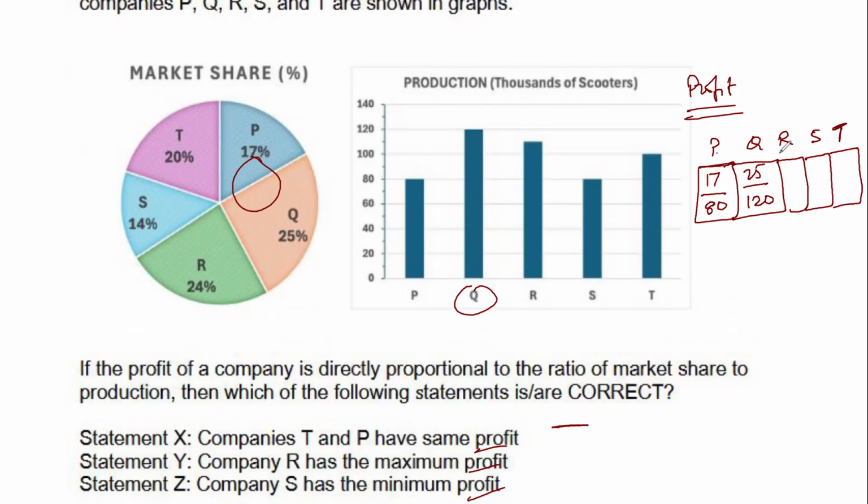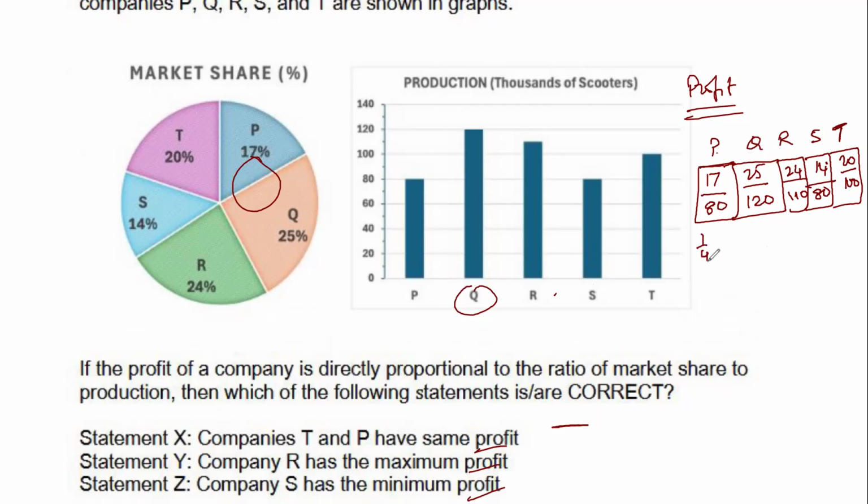Right. R is 24% upon 110,000. And then S is 14%. So I'm not writing percent upon S is 80,000. And T is 20% upon T is 100,000. Now if you see 17 fours are 68. 17 fives are 85.